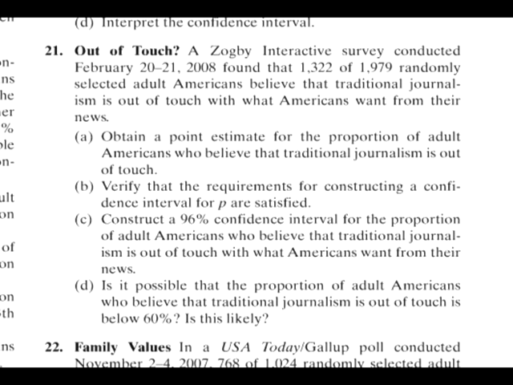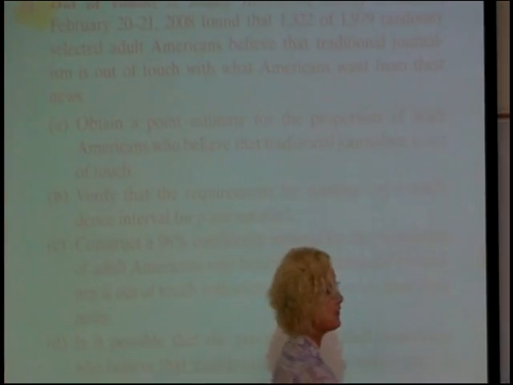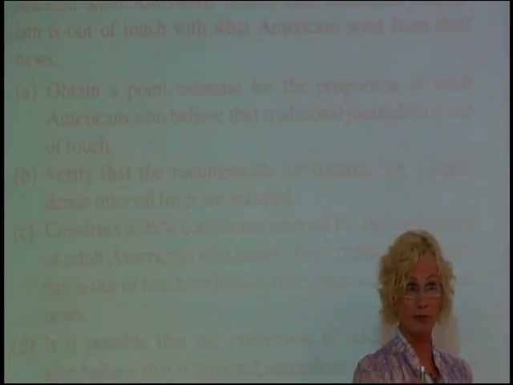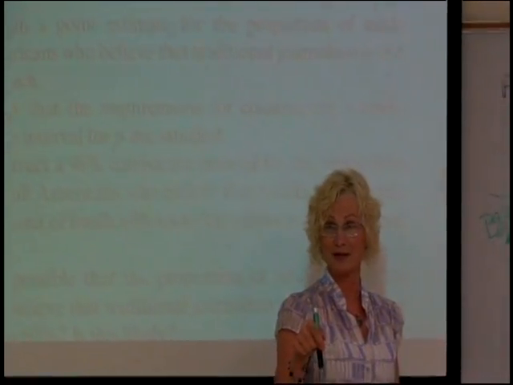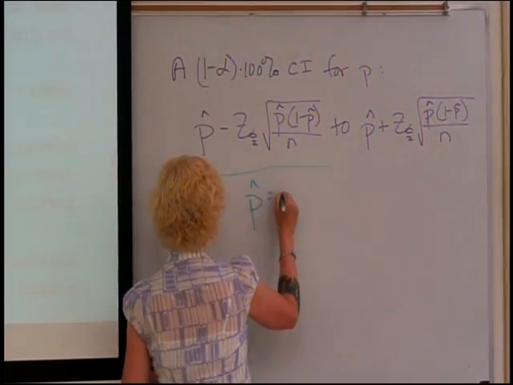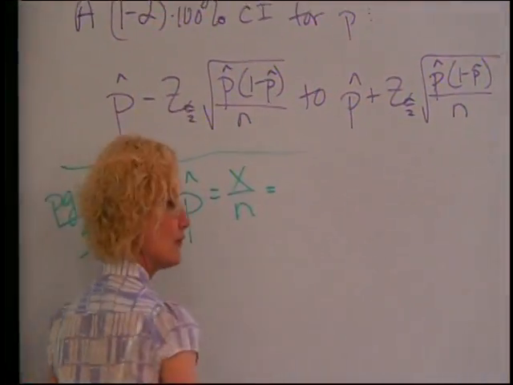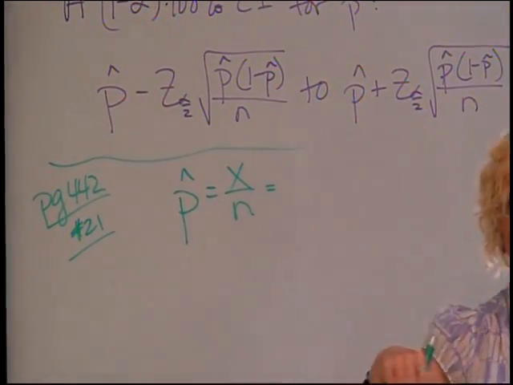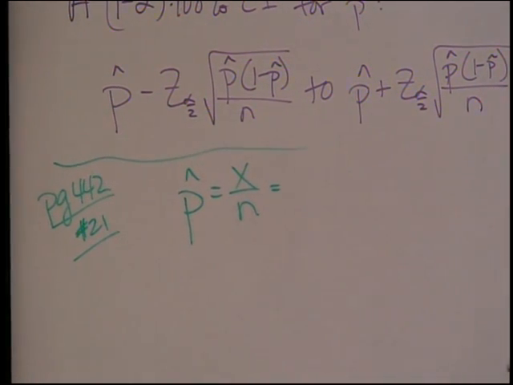Do you remember what a point estimate is? Good, Ann, yeah. The point estimate is the value of the sample statistic. So here it's the value of p hat, which would be x over n, the number of successes in our n trials.